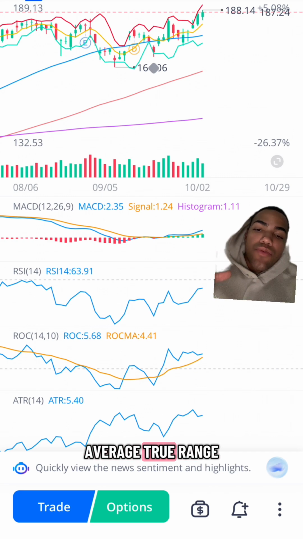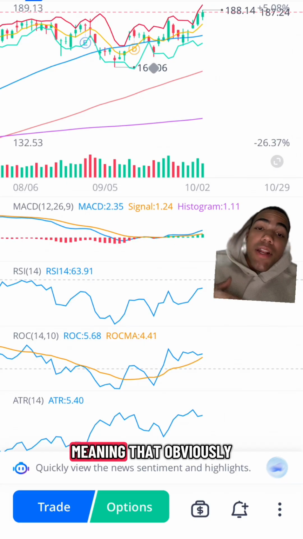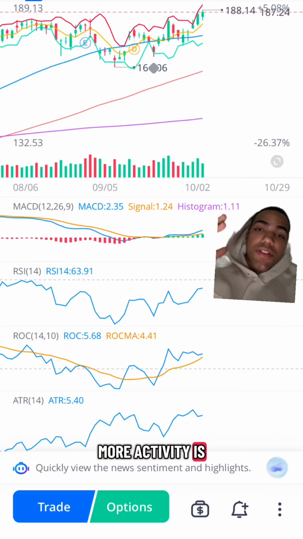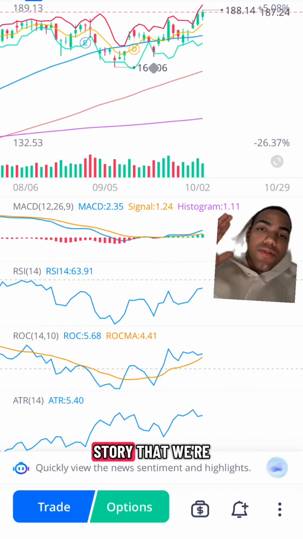And then the average true range is the activity, and the activity is going up, meaning that obviously more activity is coming soon. With all the other confluences lining up for a higher price, it's just telling the story that we're gonna hit 200 very soon.